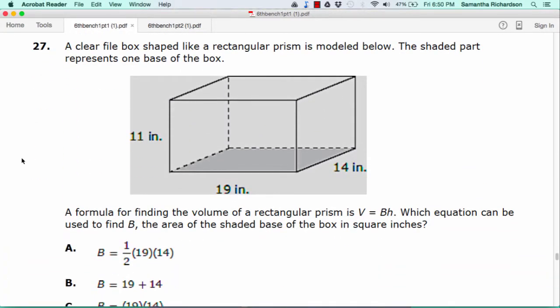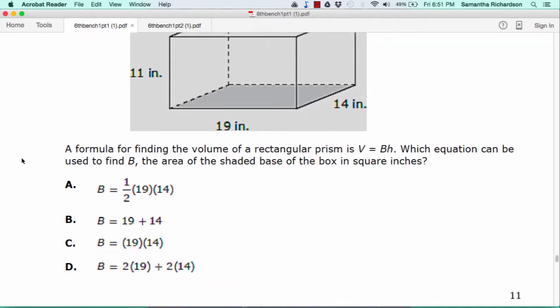Question 27. A clear file box shaped like the rectangular prism is modeled below. The shaded part represents one base of the box. A formula for finding the volume of a rectangular prism is V equals BH. Which equation can be used to find B, the area of the shaded base of the box in square inches?